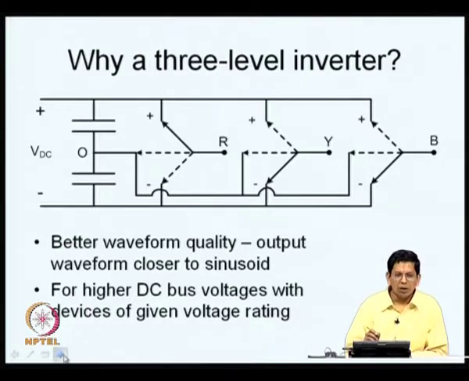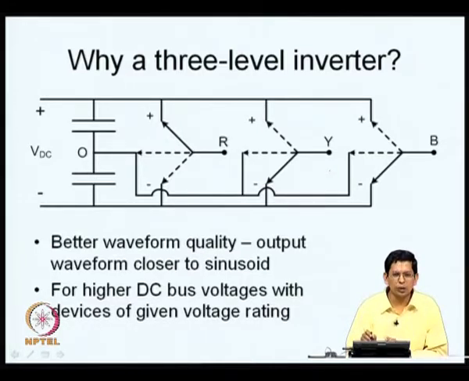Now, one reason is that it can give a better waveform quality, that is, the potential at R, for example. Let us first take the potential between R and Y. These are 2 of the load terminals, and VRY is basically a line to line voltage applied on the load. You want this voltage to be as sinusoidal as possible.